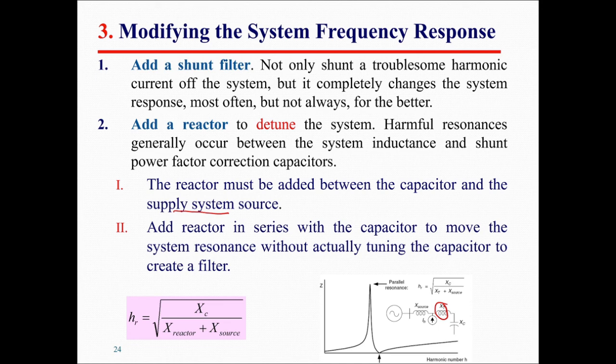Add a reactor in series with the capacitor to move the system resonance without actually tuning the capacitor to create a filter. So over here we have series resonance, and with the source we are going to have parallel resonance.